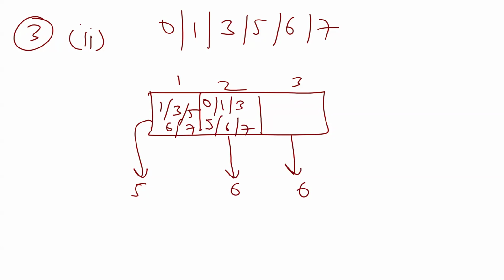Question number 4, sub question 1. How many two-digit even numbers can be formed from the digits 1, 2, 3, 4, 5? So we require a two-digit number. Sorry, the first one is with repetition and the second one is without repetition.